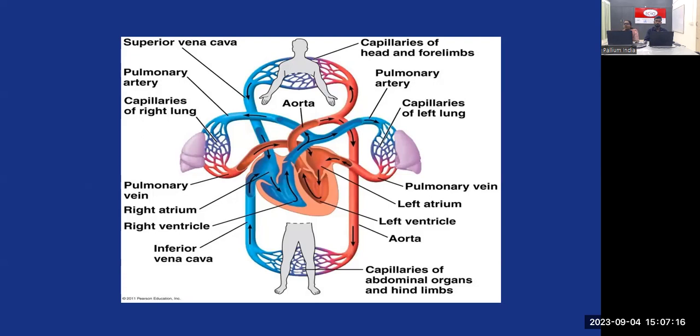What happens there? You can see there is communication between the arterial capillaries and the venous capillaries. When they communicate together, there is a leakage of fluid-like material into the interstitial space. That fluid is called lymph.